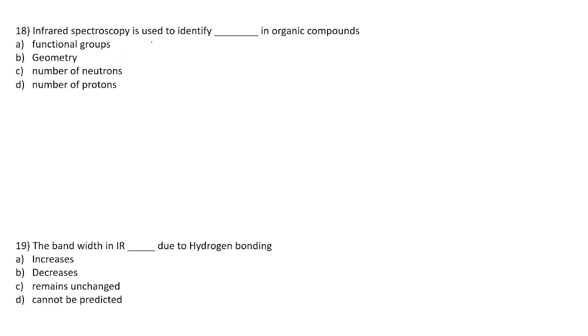Infrared spectroscopy is used to identify dash in organic molecules. A. Functional group. B. Geometry. C. Number of neutrons. D. Number of protons. We have studied this. 1 minute to think.